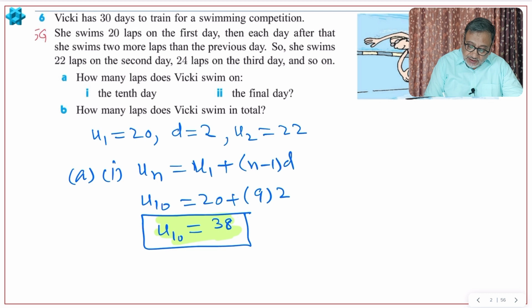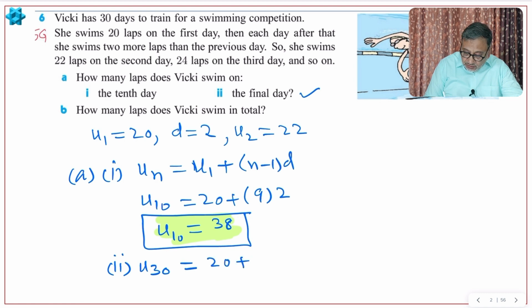Second part, final day. What is the meaning of final day? She is swimming for 30 days, so final day means the 30th day. You have to find u30. It will be u1, which is 20, plus 30 minus 1, 29, d is 2.